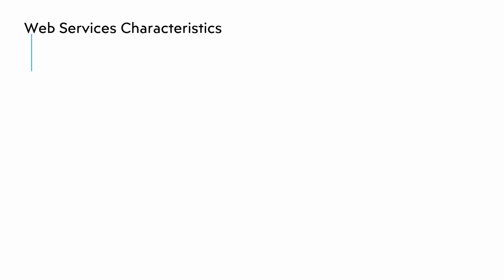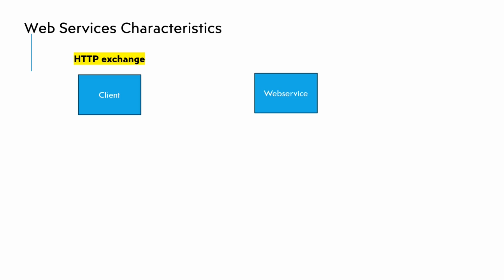Now let's understand the various characteristics of web services. When we talk about a web service, we have one client and one web service. For some functionality or method, the client wants to call the web service. So how can it call? It needs some kind of way, right? Normally in web service calls we use HTTP, right? So we send an HTTP request to the web service from the client.